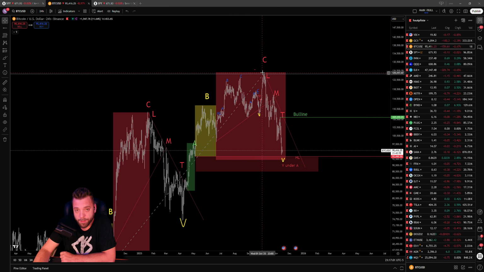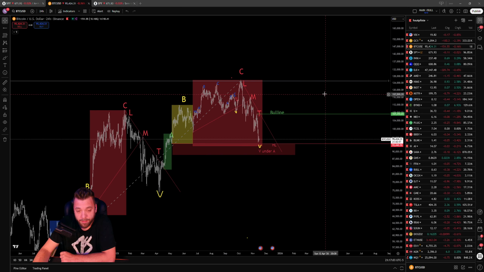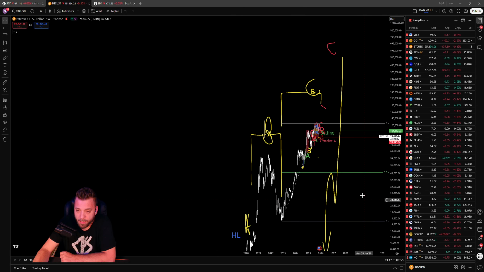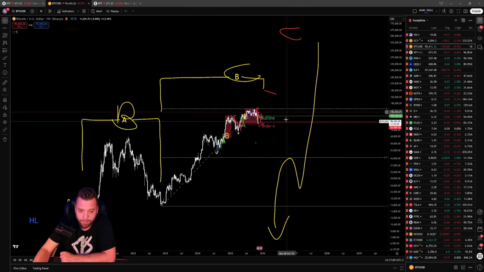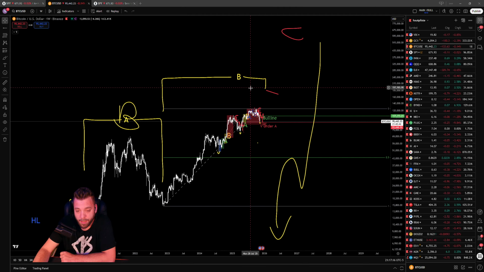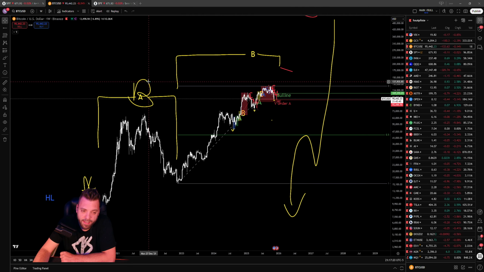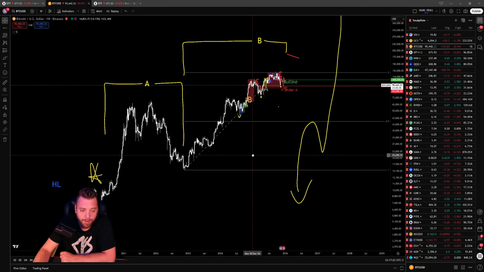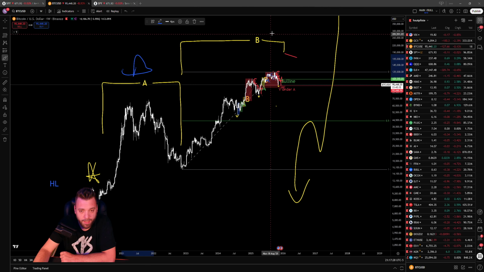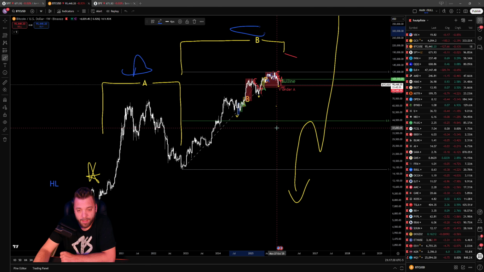If this was already the top, then this was already the top. I mean, normally Bitcoin should be in its B right now, same as SPY, and you should still get a blow off top. But you can easily say that this is your A, this is your B, and this is your C.